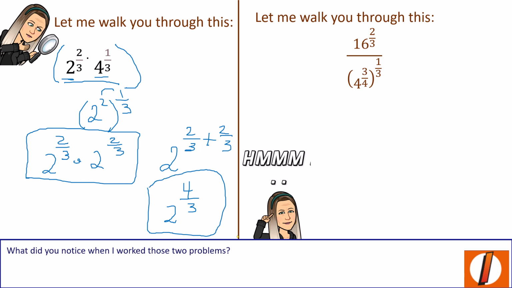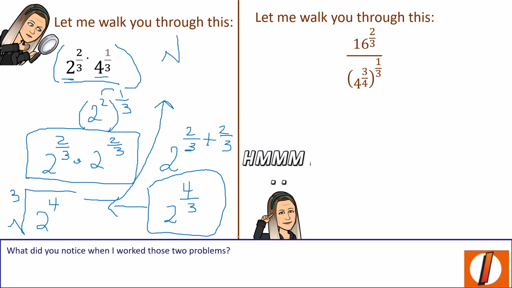Now if you were going to write that, it would be 2 to the 4th power under a root of 3, or a cube root. Let me move up here to the top, expand that out.